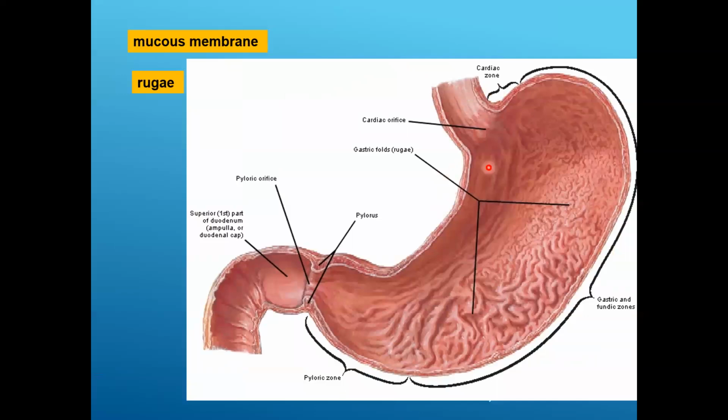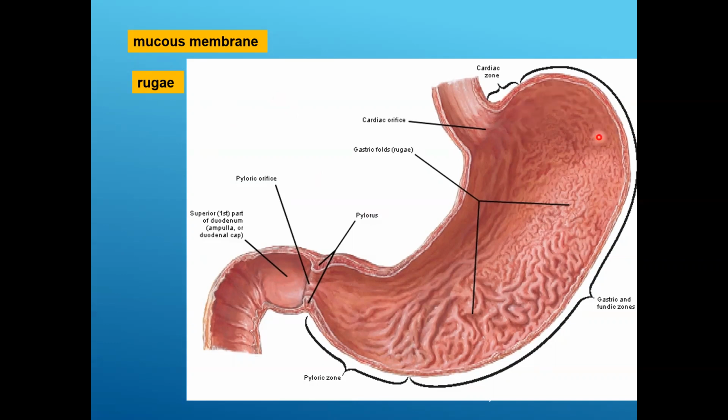Now, if you take a look at the inside of the stomach, you will find that the mucosa is folded. It's called rugae, right? Why do you want to fold the mucosa inside the stomach? Increase the surface area for what? For digestion and absorption a little bit, but also the stomach is an expandable organ.